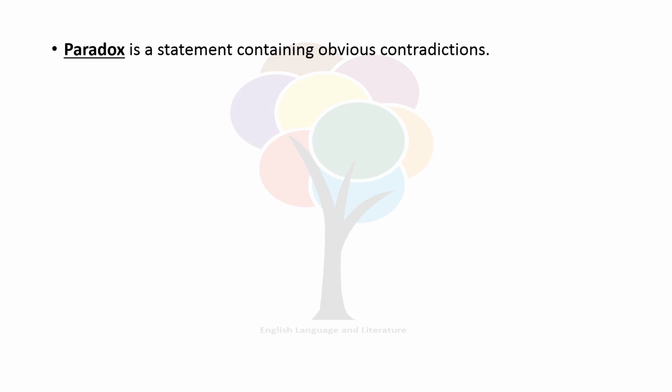So paradox is a statement that contains obvious contradictions. For example, nobody goes to that restaurant. It's too crowded. It has the contradicting elements in a statement. Another example may be, don't go near the water till you have learned how to swim.